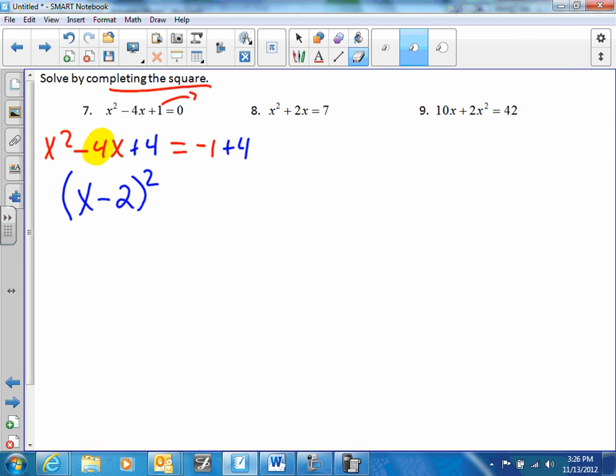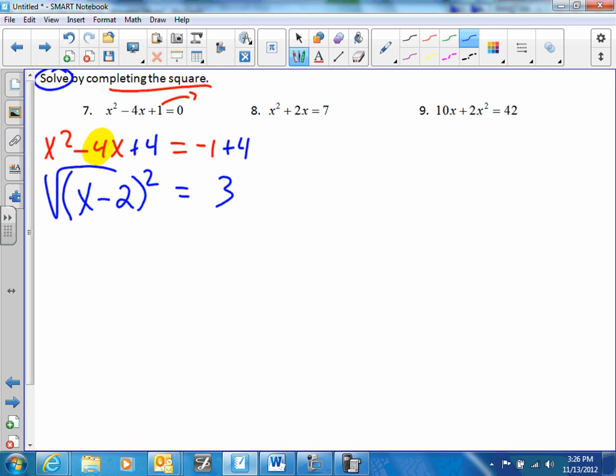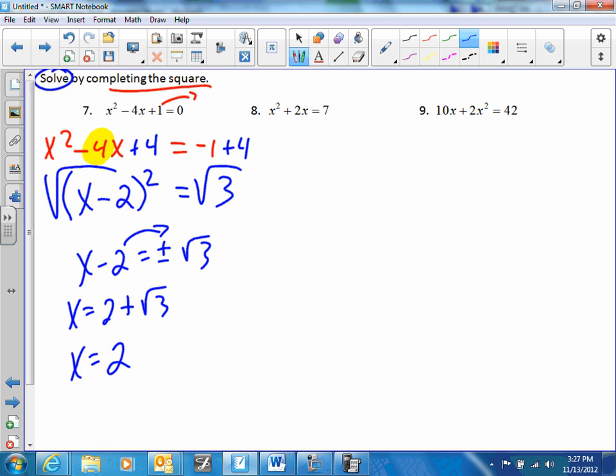Now, equals 3. And at this point, since we are solving, we're going to take the square root. x minus 2 is equal to plus or minus root 3. So x is equal to 2, because we're moving the 2 over, plus root 3. And x is equal to 2 minus root 3.